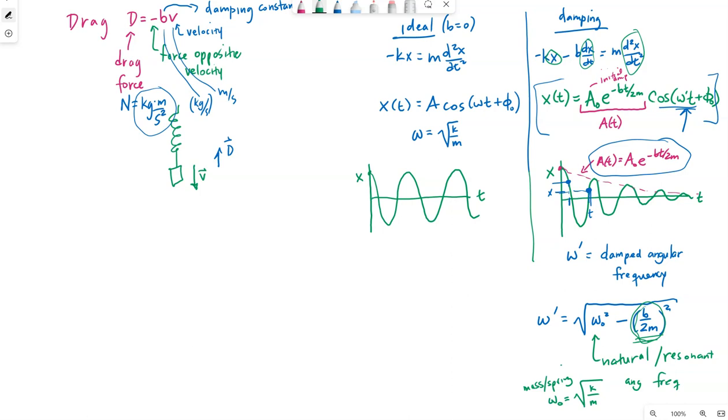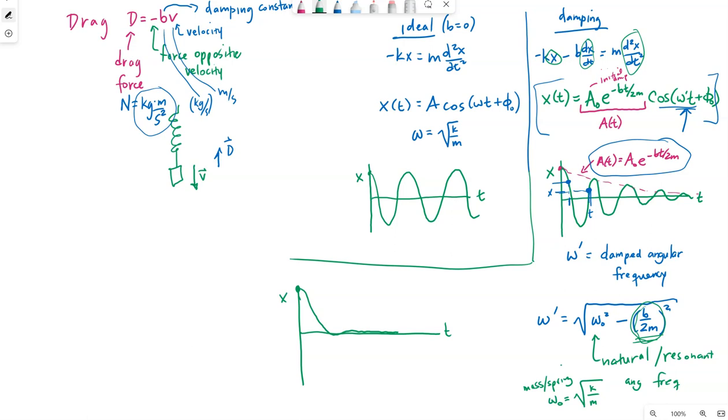And what that means is that instead of actually oscillating, it just comes and reaches equilibrium. So it actually doesn't end up oscillating at all.